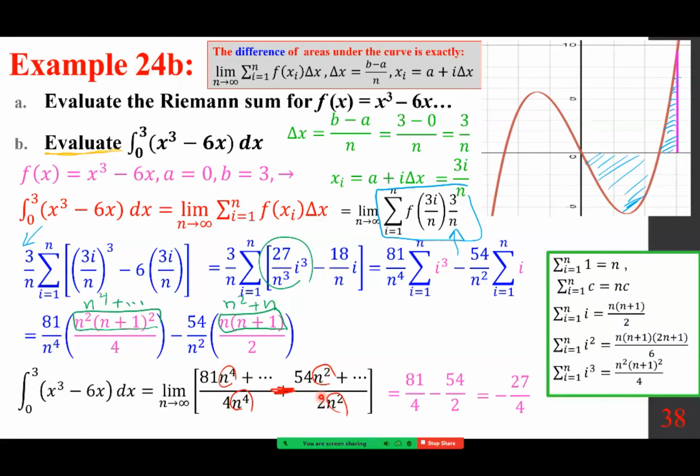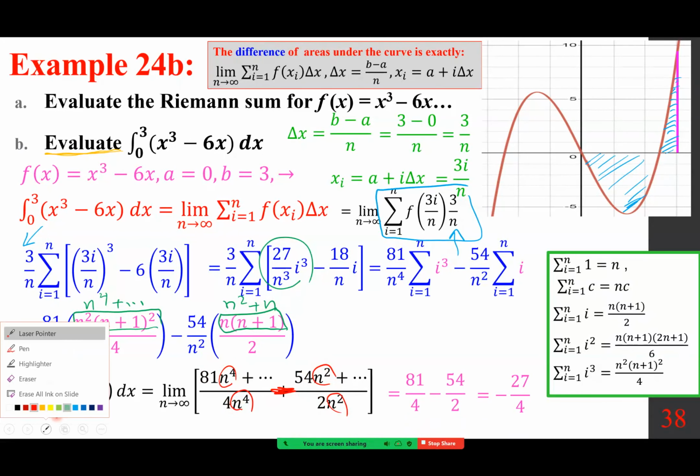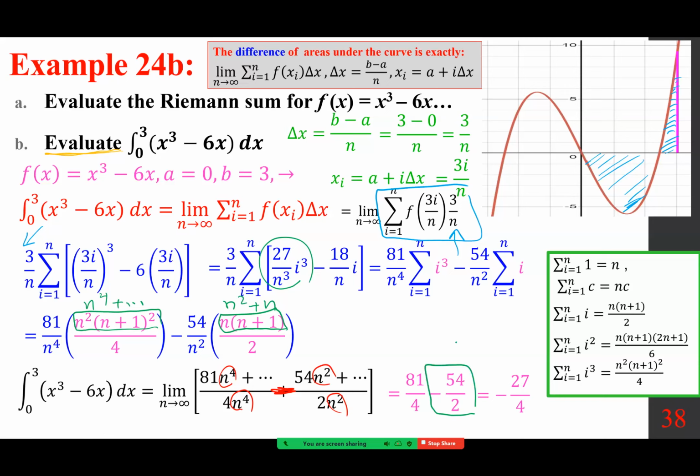And when you do the math, you end up with negative 27 over 4, because this one is minus 108 over 4. So 81 minus 108, which is minus 27. So as you can see, we can do it by the Riemann sum.